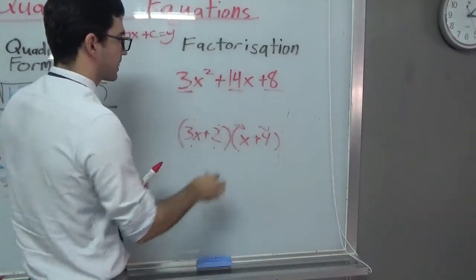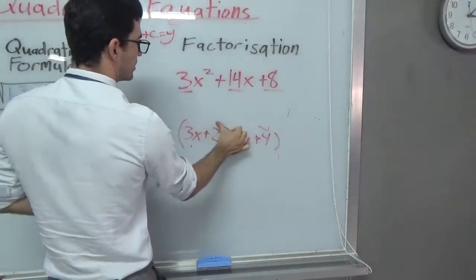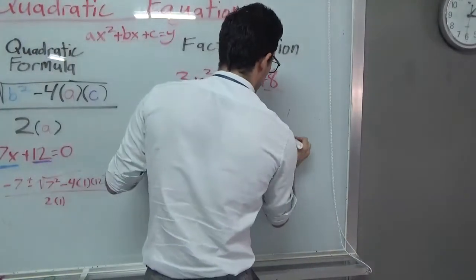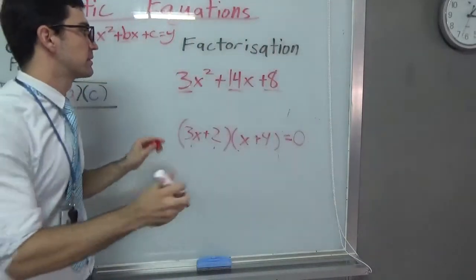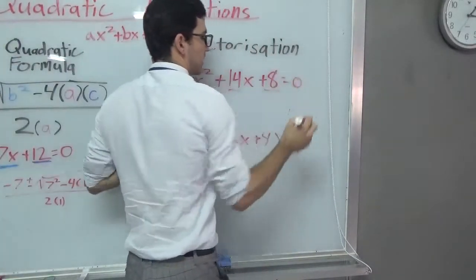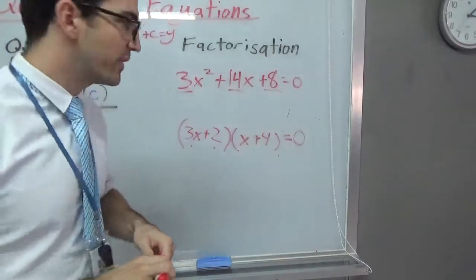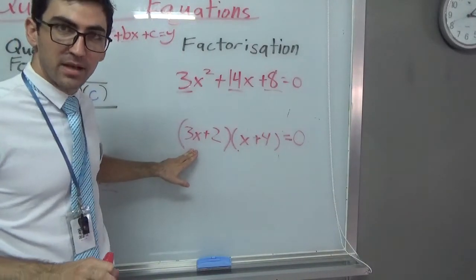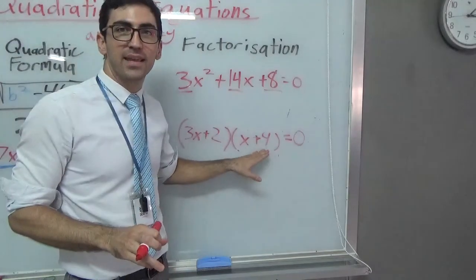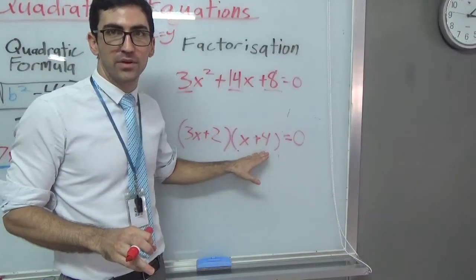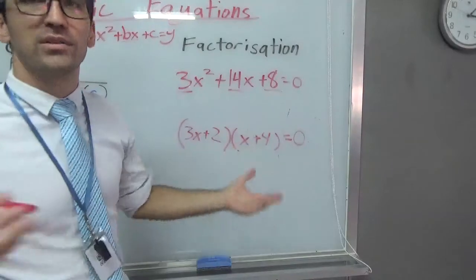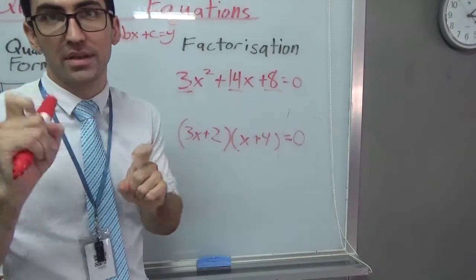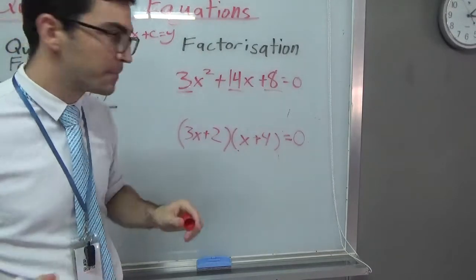So we can use this now. If these are equal to 0, then what that means is I have to make this bracket become 0, or I have to make this bracket become 0. That's how we multiply to become 0. One of our factors has to be 0 in order to multiply to become 0.